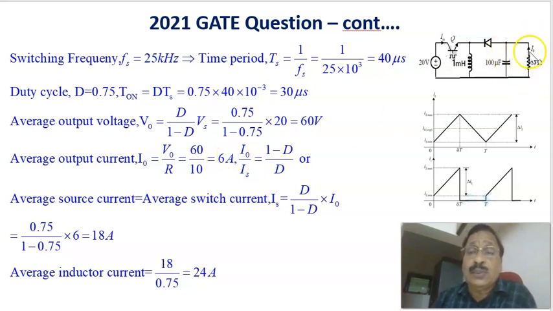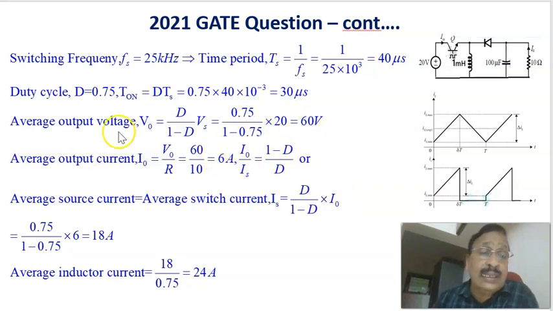Once you know the average output current, you can calculate the average input current. The relation is that the average output current divided by the average input current equals (1 minus D) divided by D. Therefore, from this equation, Is equals D by (1 minus D) into I0.